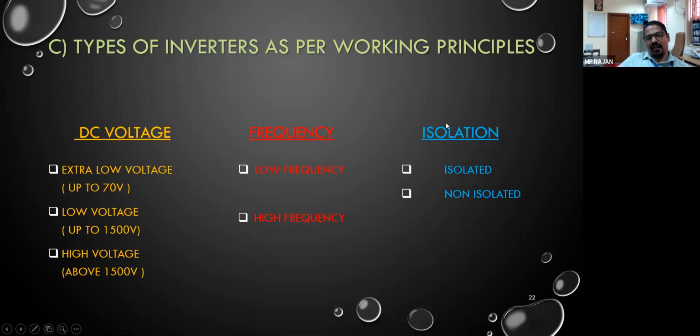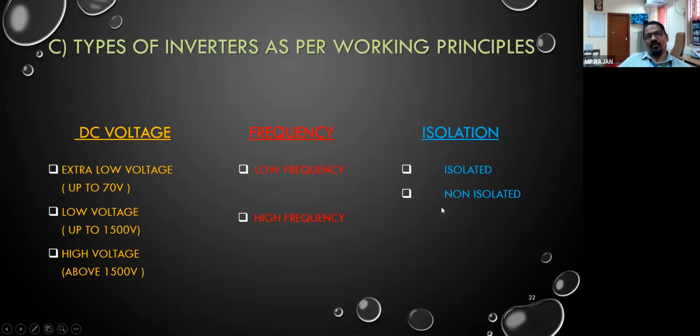Then it is connected to the AC through a transformer. So your DC supply is totally isolated from the AC. आपका AC और DC का कोई combination नहीं होता. So this system gives 100% perfection.